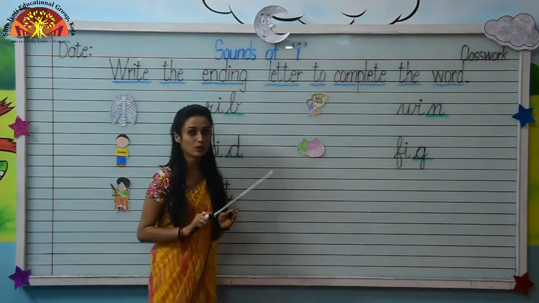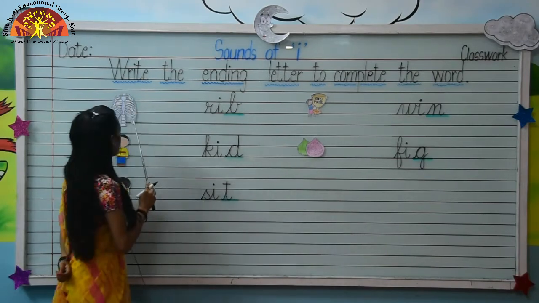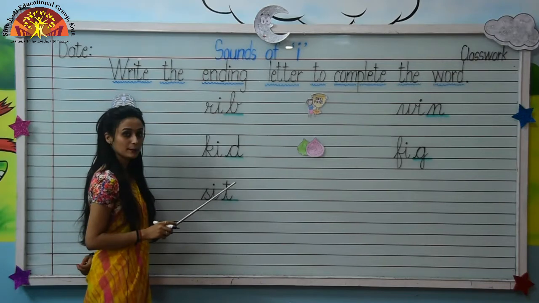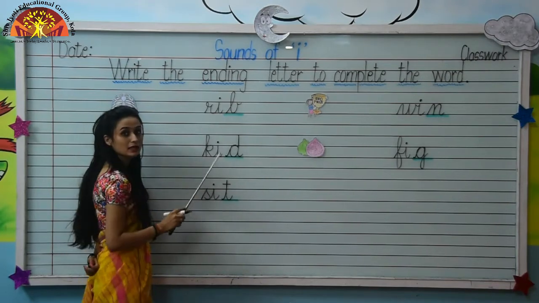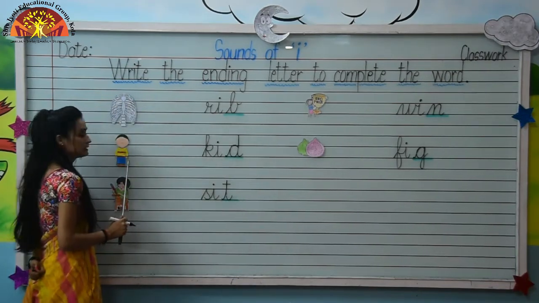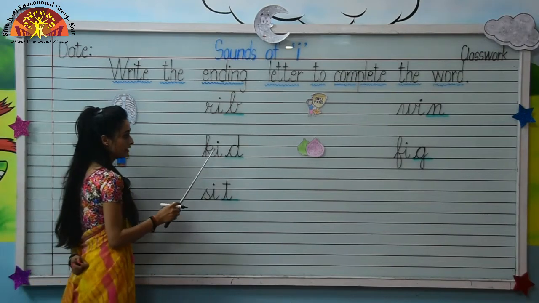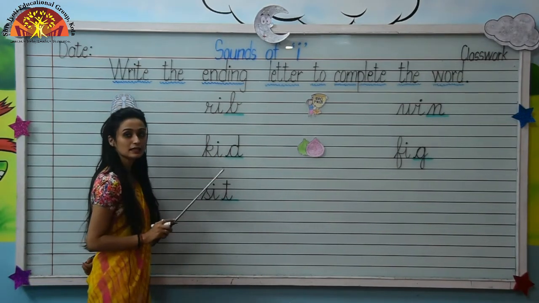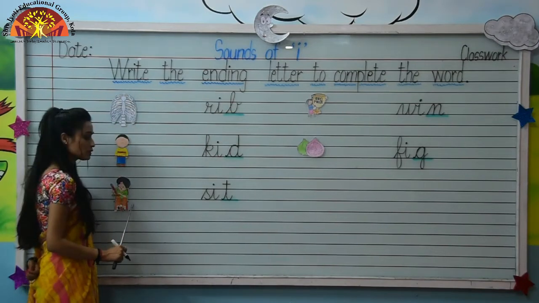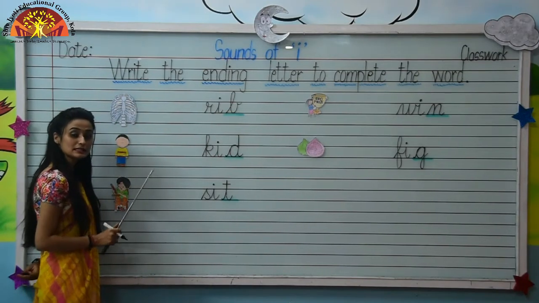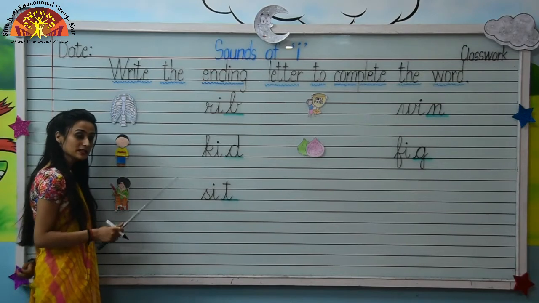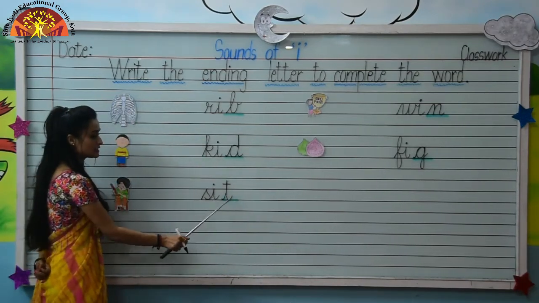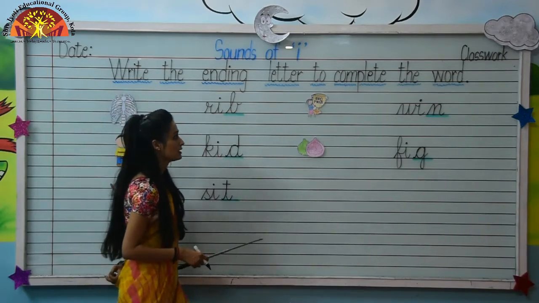Now let's revise all the spellings once again. This is rib. R-I-B, rib. He is a kid. K-I-D, kid. This boy is sitting. What is the spelling of sit? S-I-T, sit.